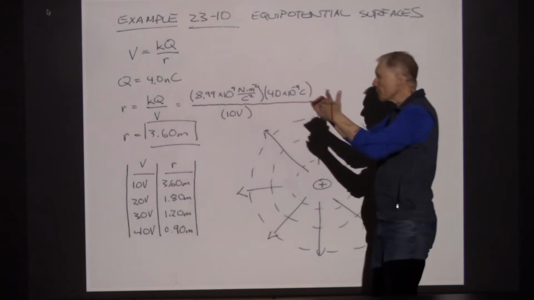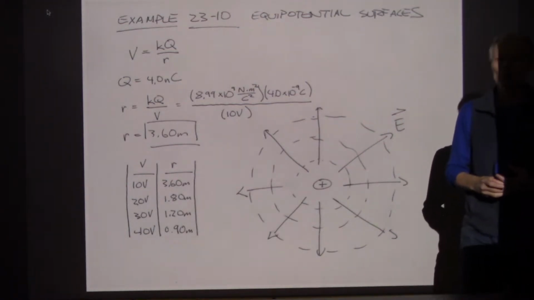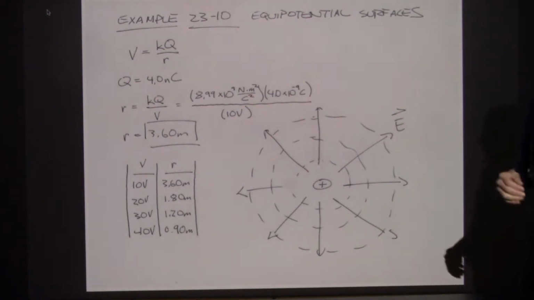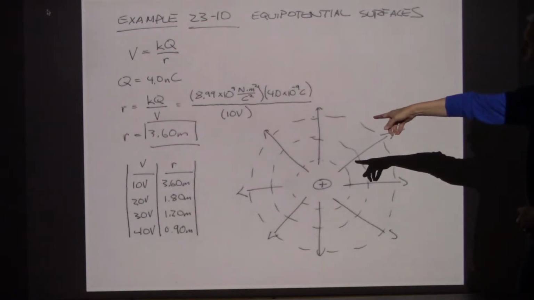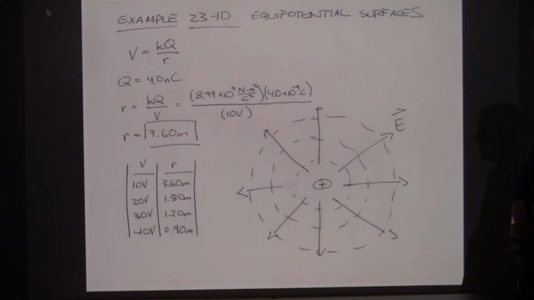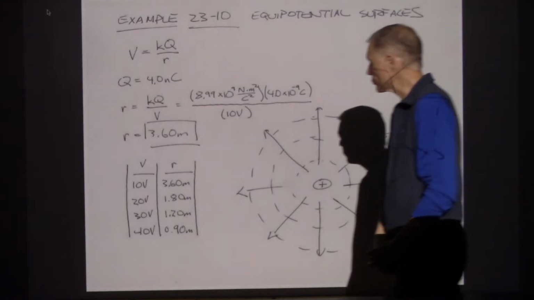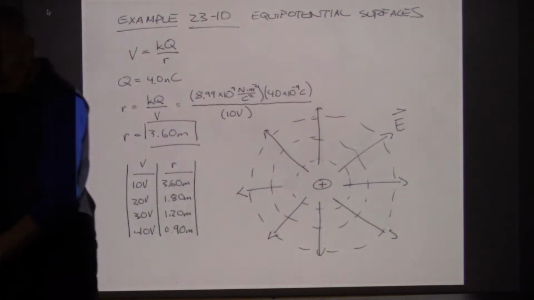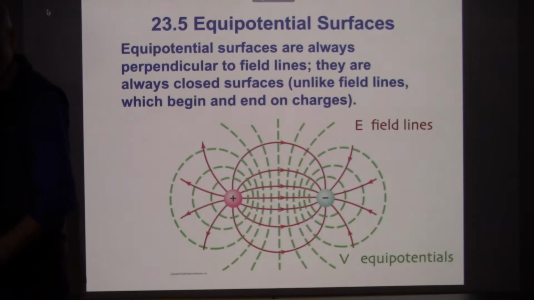And so we can map out where any of those equipotential surfaces would be. If it's surrounding a point charge, they're all going to be spheres. And that would be the R value for each of the equipotential surfaces. They pick some numbers that are fairly easy to calculate.